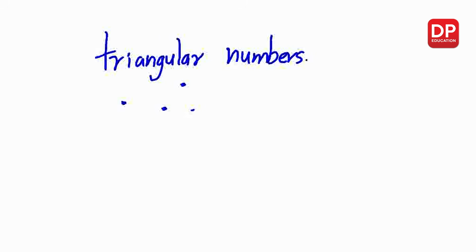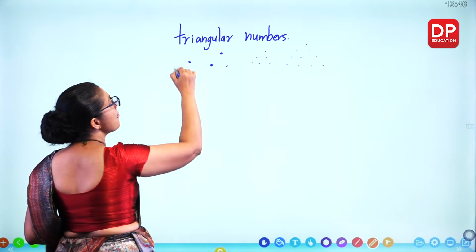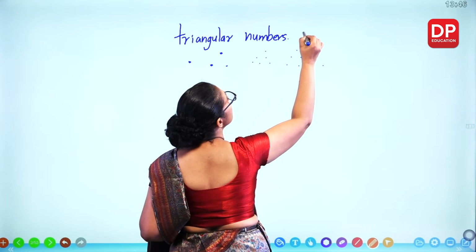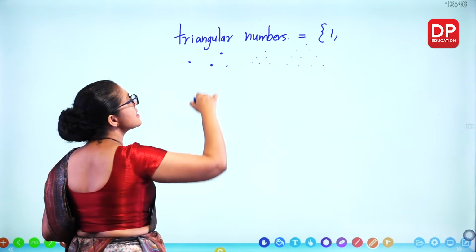What about the next one? I can draw with 6 dots. Again I can draw with this number of dots. So how many numbers are there? Starting with 1, the next number is 3.